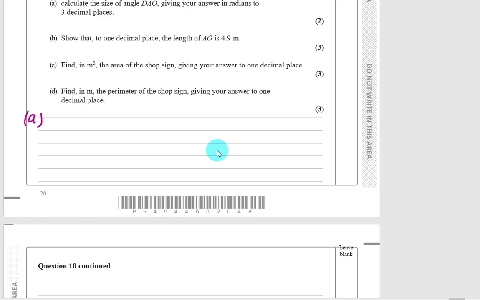So again, sine 0.84 divided by 3.9 will equal sine of the angle that we need, DAO, divided by 1.8.